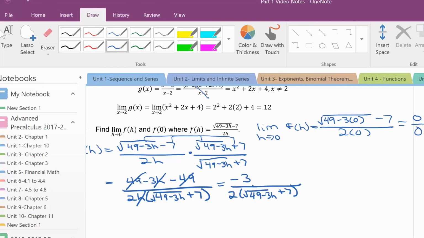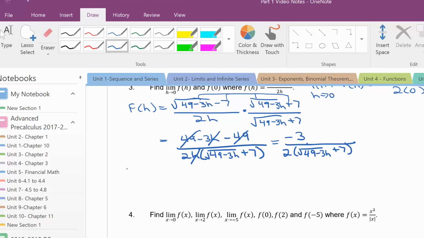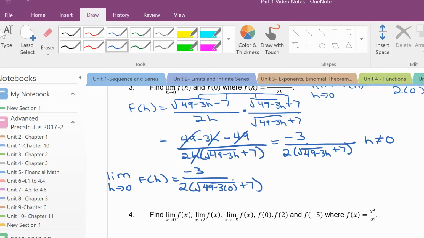So now if you find the limit, and remember, h cannot equal 0. That's the restriction we eliminated. So the limit as h approaches 0 now of f of h is equal to negative 3 over 2 times rad 49 minus 3 times 0 plus 7.